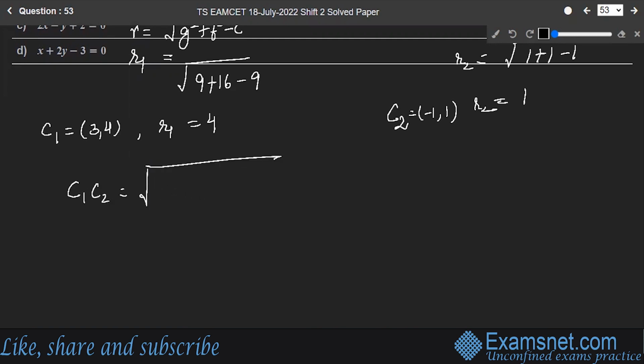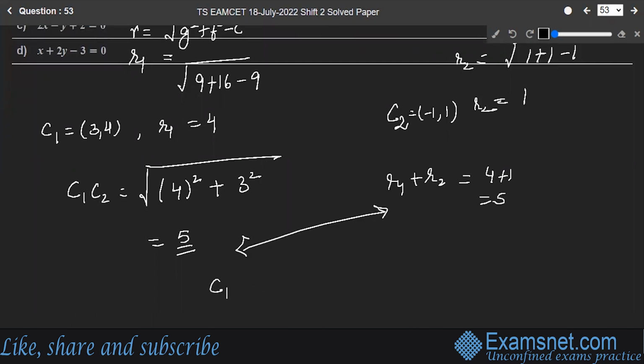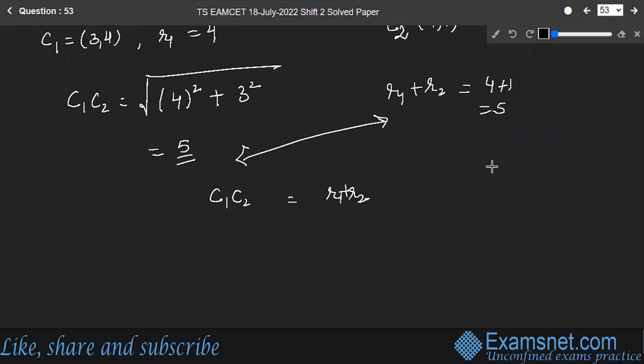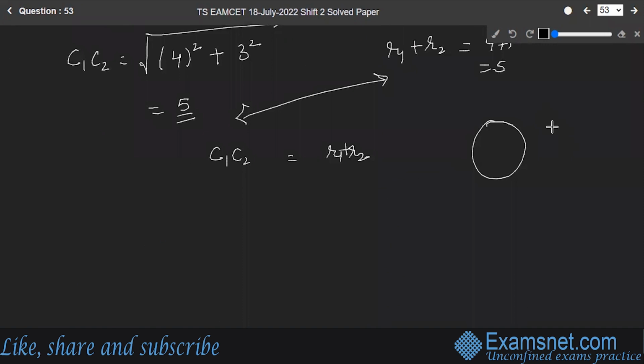So this is equal to root of 3 minus of minus 1, that is plus 4, 4 square, plus minus 4 minus 1, that is 5 square. Sorry, this is going to give you 5. And R1 plus R2 is 4 plus 1, that is 5. So you see one thing, C1C2 is equal to R1 plus R2. That means if I'm having two circles like this, actually they're not intersecting, they're just touching.